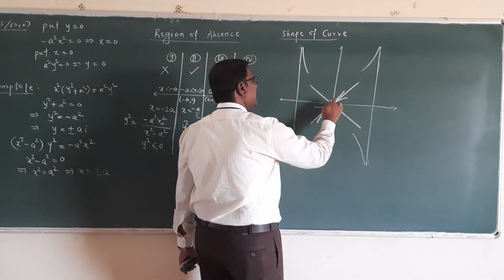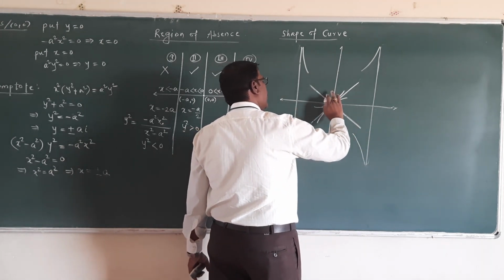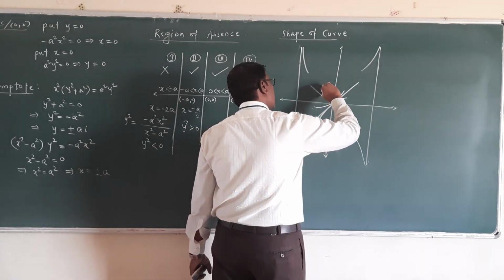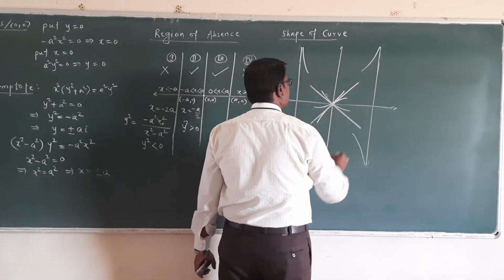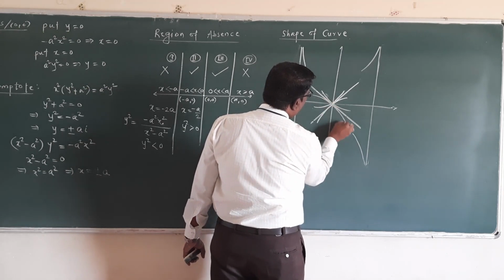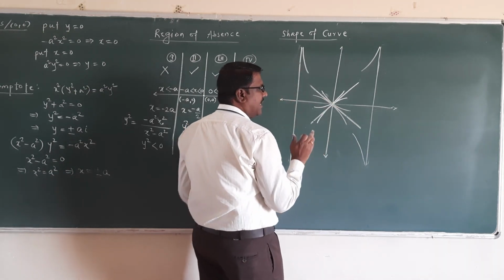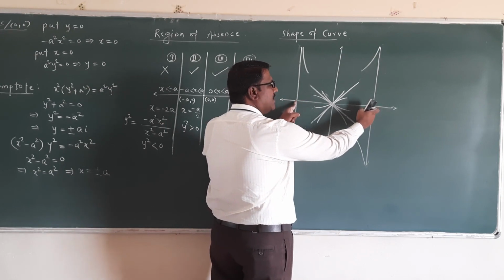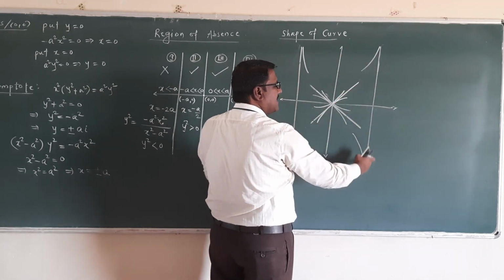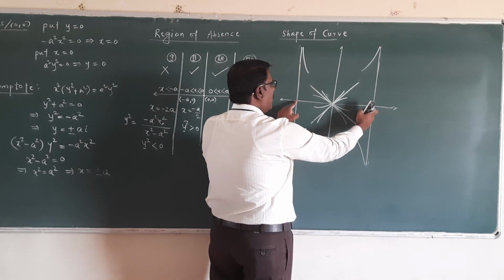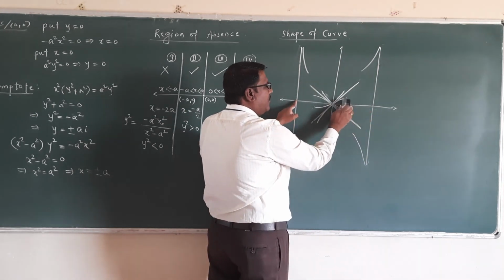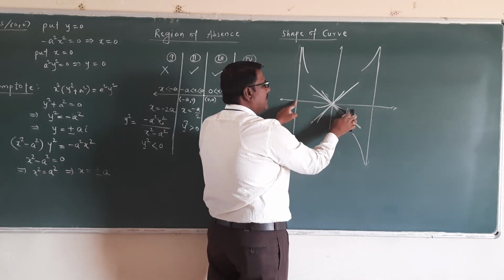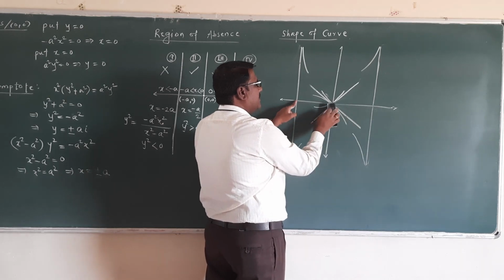As this line is tangent at this point, the curve will be like this, and again on this side. But as there is no point of intersection on these two sides, because these two lines are asymptotes, these two are not points of intersection, and therefore I will erase this part, and at the same time this part.